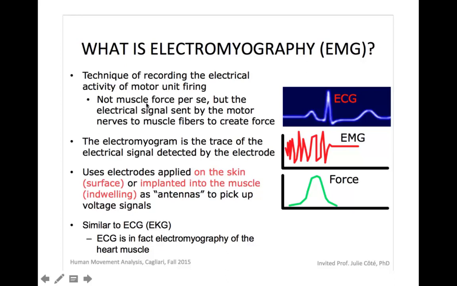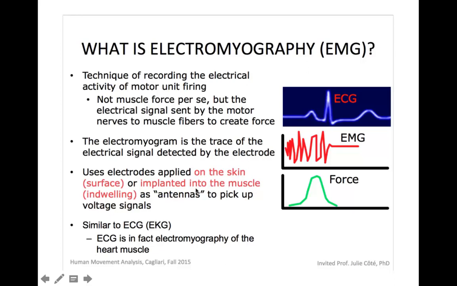Now, this is really important. We're not actually measuring muscle force per se. We're measuring the electrical signal that goes from the motor nerves to the muscle fiber to create force. So the EMG is basically the trace of that electrical signal that gets detected by electrodes. And the electrodes are one of two types. They're either surface electrodes, which are basically applied to the skin, or they're little needle electrodes that are implanted into the muscle.